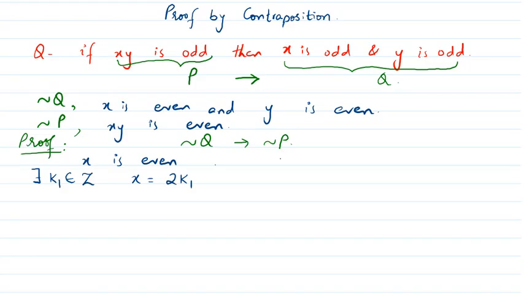Similarly, if I claim that y is even, then there exists an integer k2 that belongs to the set of integers, and for which y is 2 times k2, right?